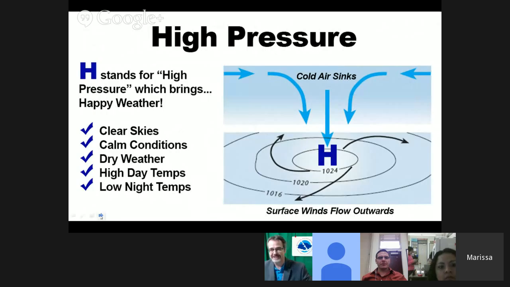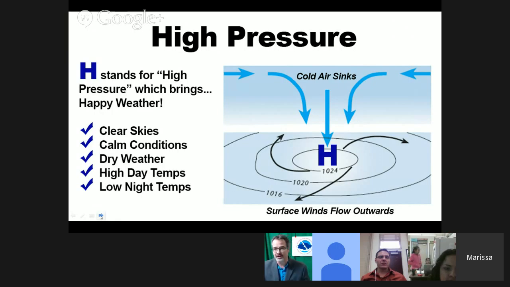One of the ways we like to teach it to children is say, hey, you know what H stands for? Yeah, we know it stands for high pressure on the map, but we also know that H stands for happy weather. Because usually when you have high pressure, you're going to end up with mostly clear skies, calmer winds, because the wind's just getting started. If you have a drag racer on the racetrack, when he first starts and leaves his position, he's not moving anywhere near as fast as he is when he reaches the finish line.